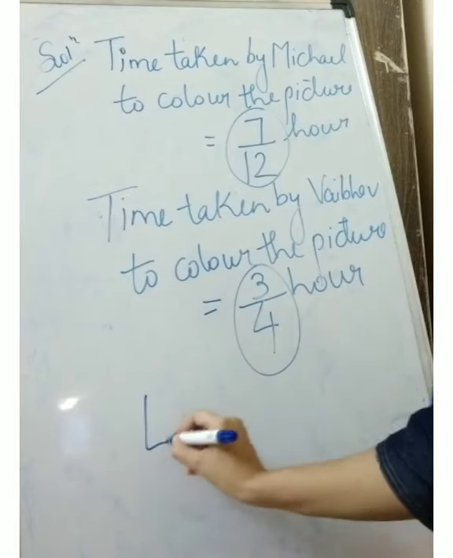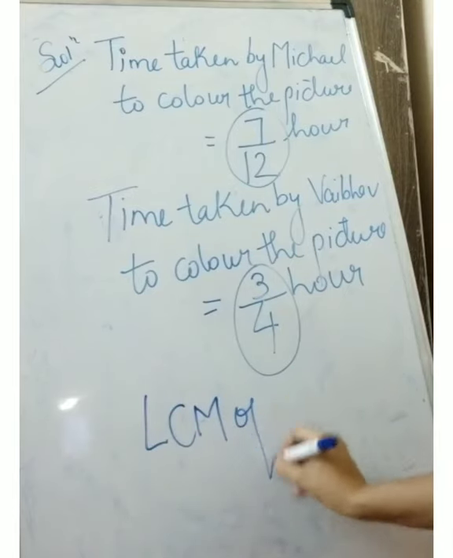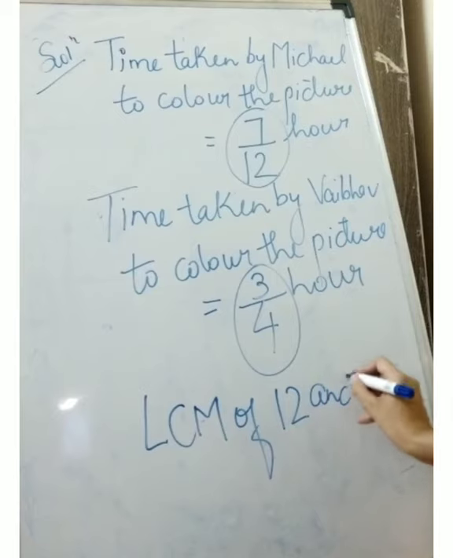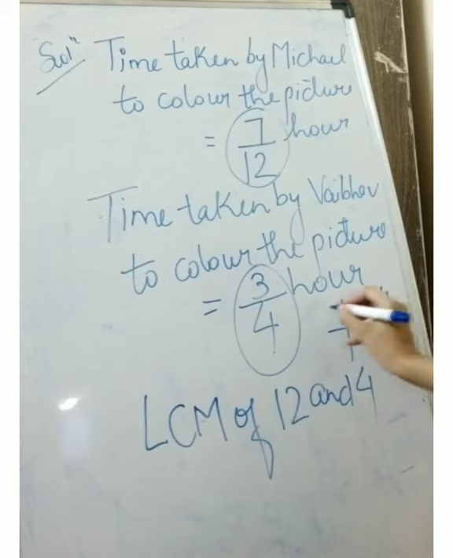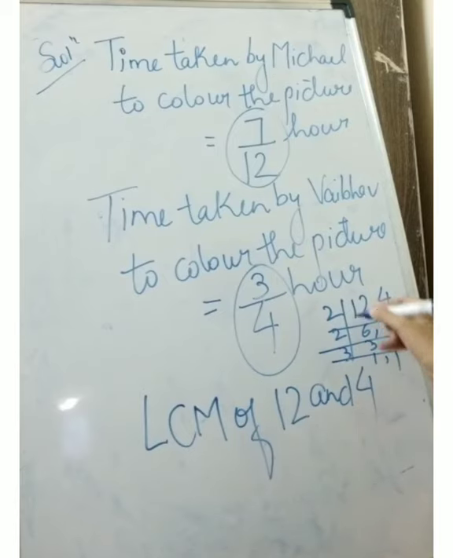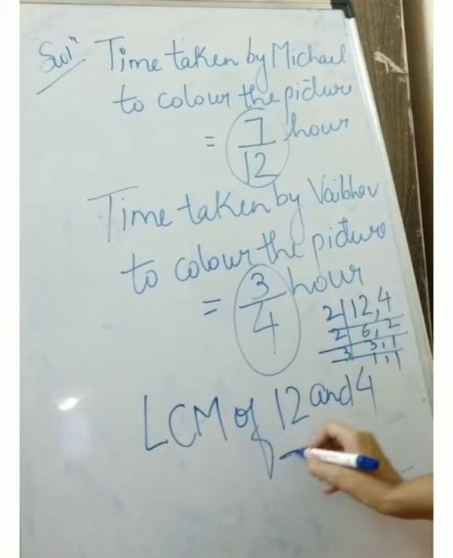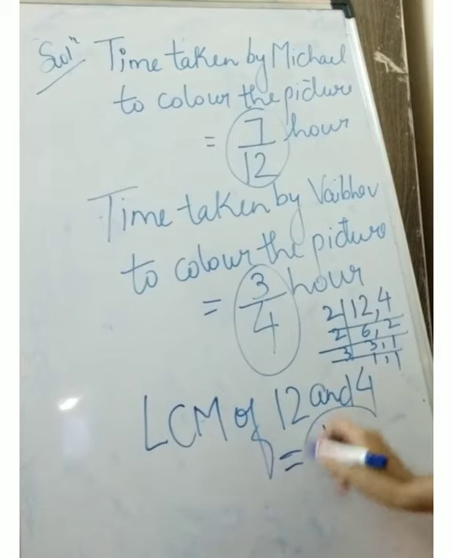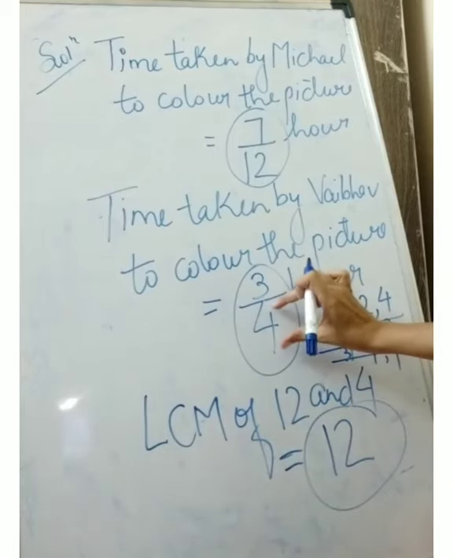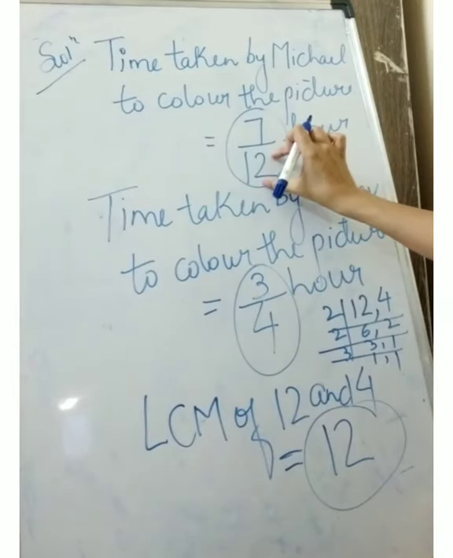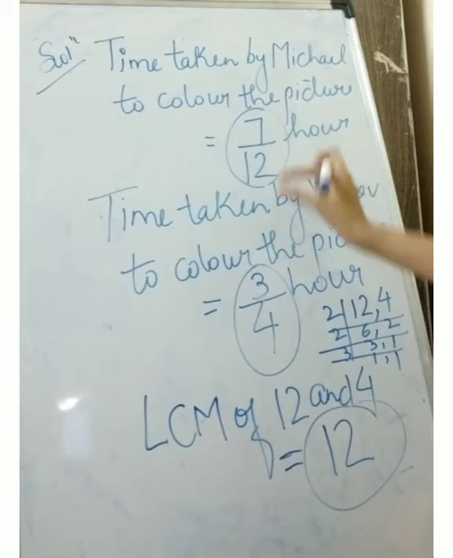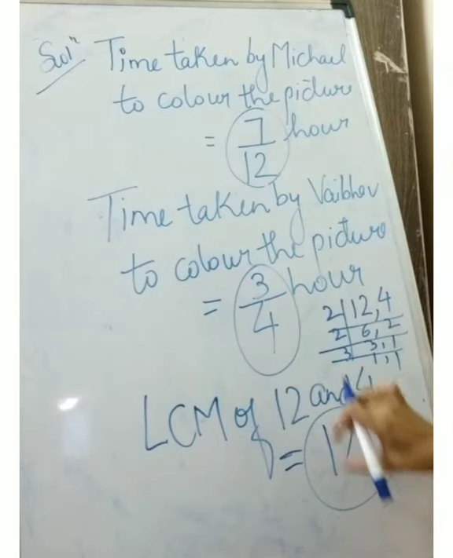So what we have to do, we will take the LCM of 12 and 4. 2 1s are 2, 2 2s are 4, 2 3s are 6, 3 1s are 3, 3 2s are 6, 3 3s are 9, 3 4s are 12. So the answer of LCM is 12. Now we have to make this 12. It is already 12, so we will not do anything with this one, but we will change this 4 to 12.